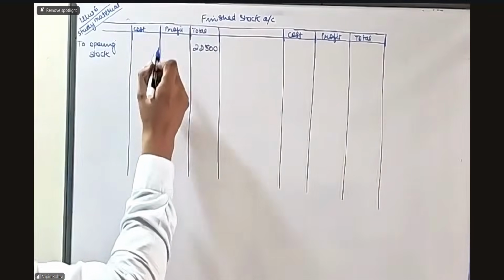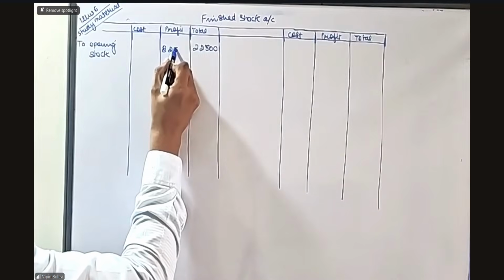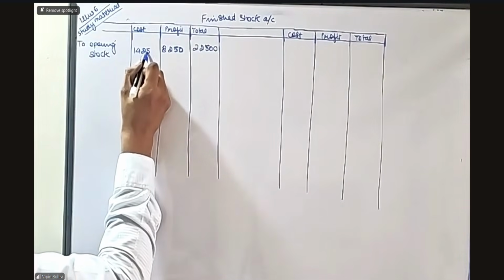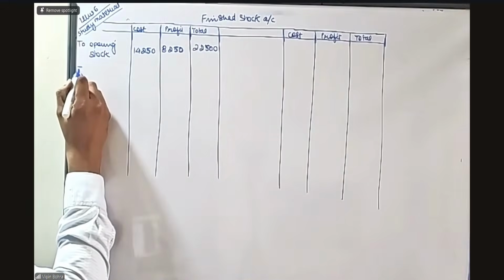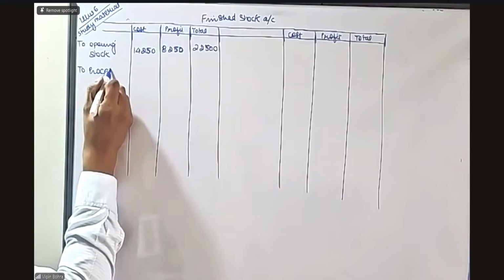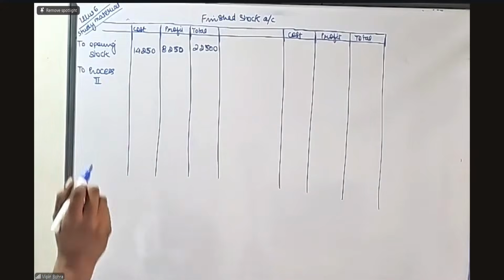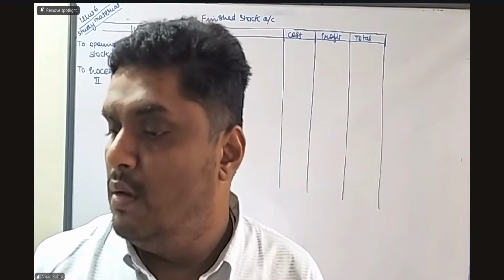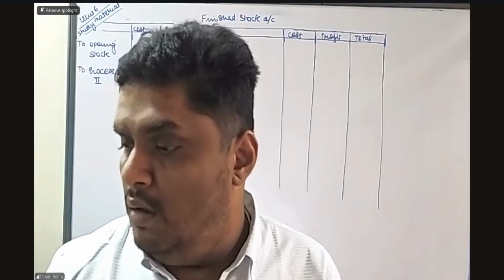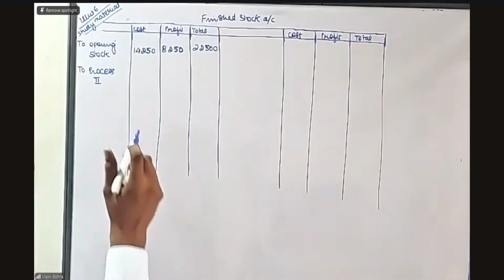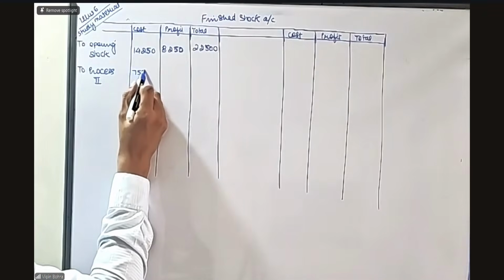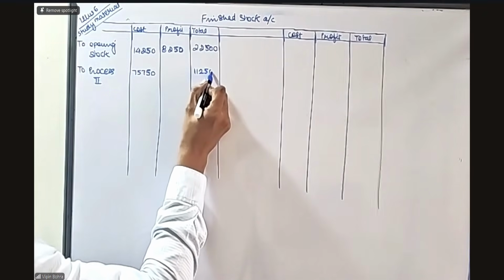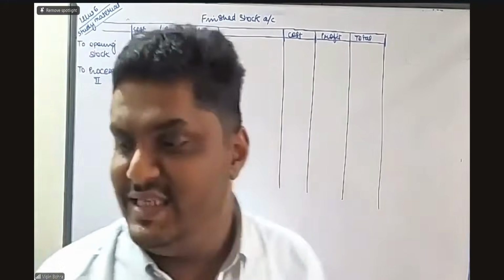So it will be 14,250. Now from process second, the inputs received. So my cost was 75,750. My total was 1,12,500. And the profit was 36,750, I think.